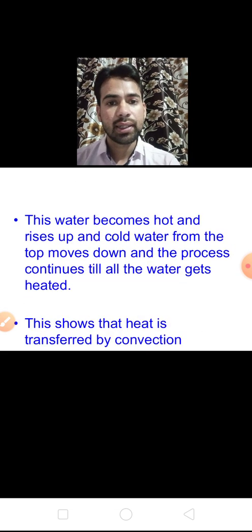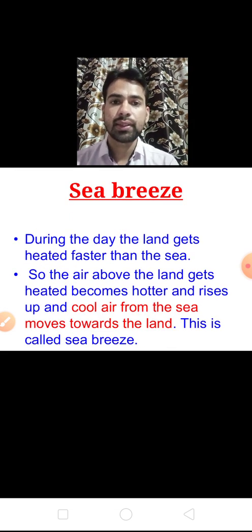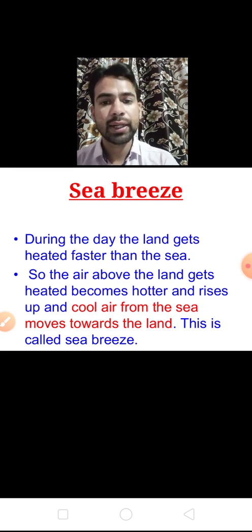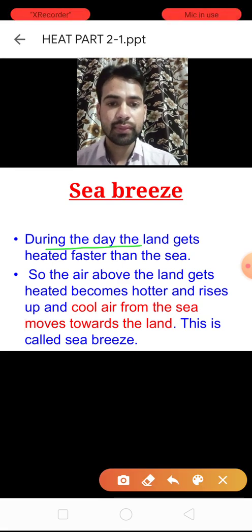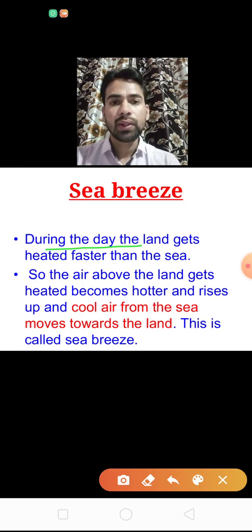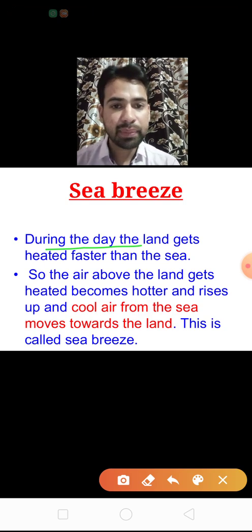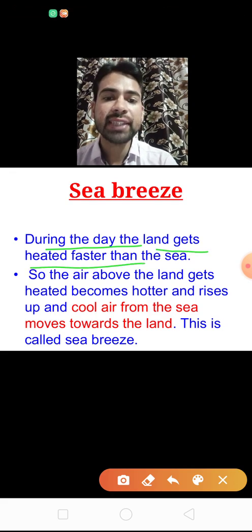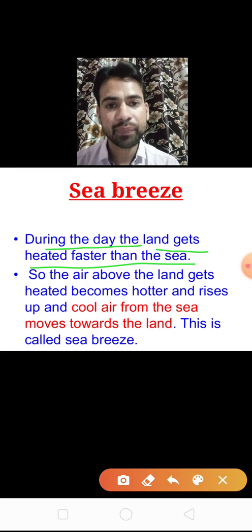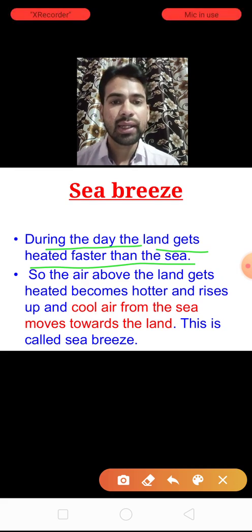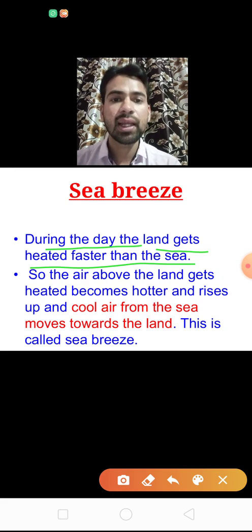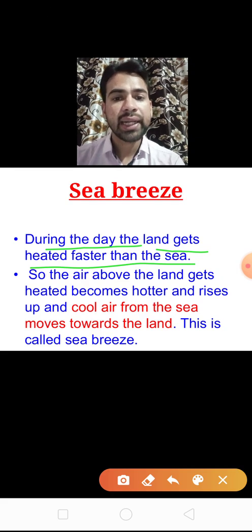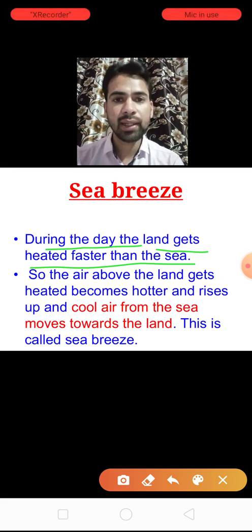In convection, see first, sea breeze. Sea breeze occurs during the day. During the day, in a sea breeze, the land gets heated faster than the sea. Normally we have seen that during the day the land gets heated faster than the sea.